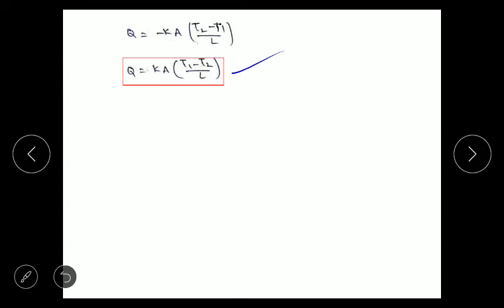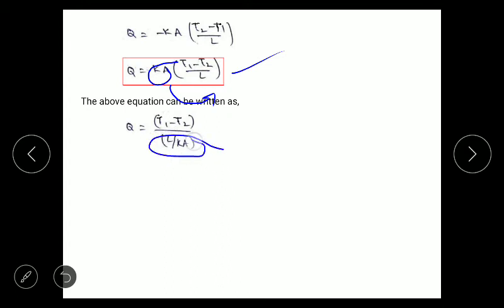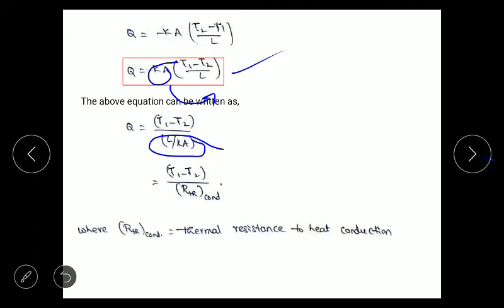Now let's move on. The above equation can also be written like this. I made the product kA go into the denominator, T1 minus T2 divided by L by kA. This term L by kA can be written as R_th, and this R_th is called the thermal resistance of heat conduction for the material, right?